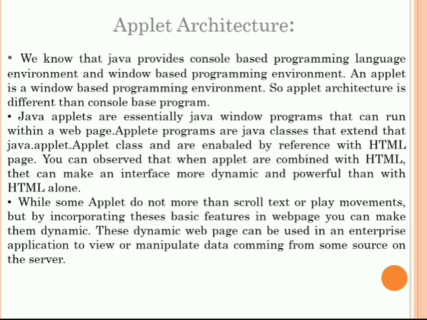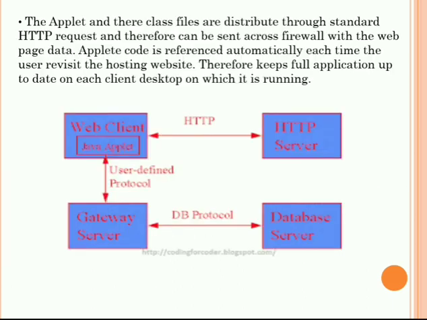This dynamic web page can be used in an enterprise application to view or manipulate data coming from some source on the server. Whatever data is coming from the server, to manipulate or view that data, it can be used in enterprise applications.